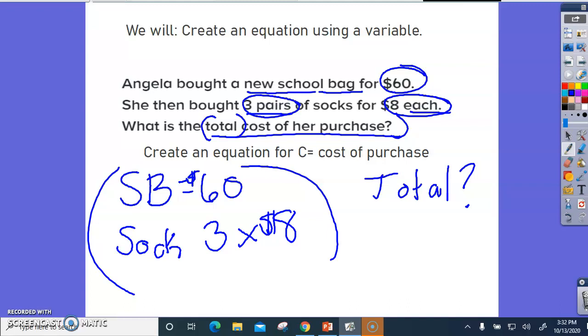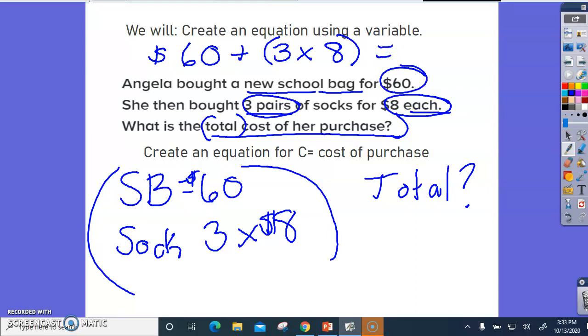So my first step is I have $60 plus 3 times 8. And remember, on our order of operations, I can put my parentheses here so that I know it's the first step I have to do. Once I get 3 times 8, then I can add that to my 60 to get my total.